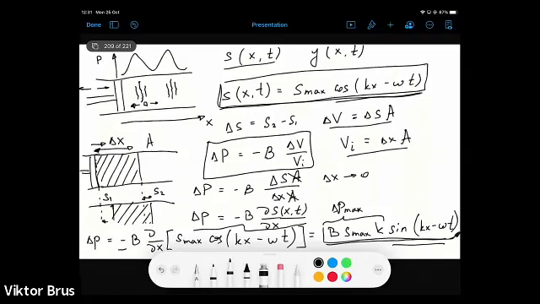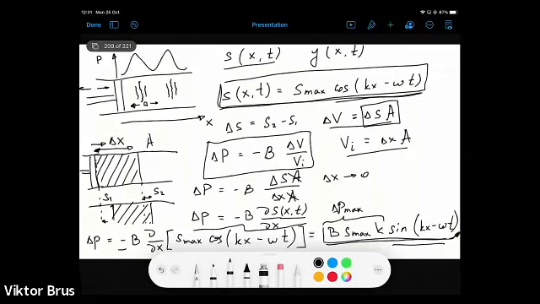That relationship is via this bulk modulus B. And then we substitute delta V with delta S times A, meaning the difference in the displacements of the left and right sides of the volume we consider. S1 is larger than S2 because we have some compression of this air volume.